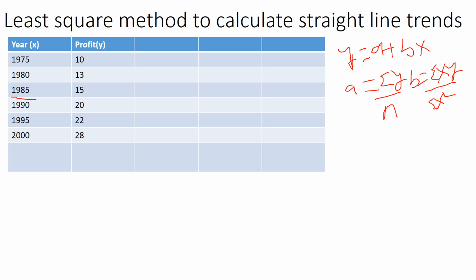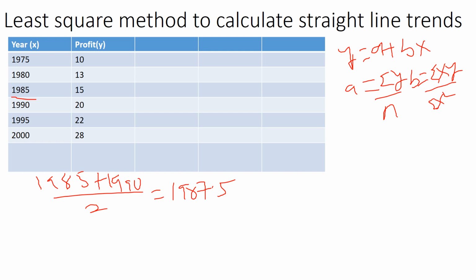So for us to be able to get the mid year, we need to add 1985 plus 1990, then we divide by 2, and we get the mid year was 1987.5. So for us to get the x column now, we need to get the deviation from that mid year or the mid position here.